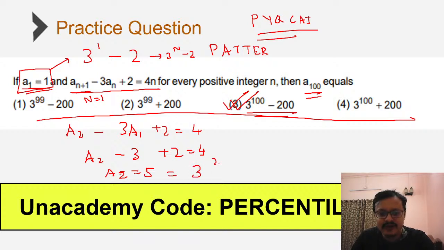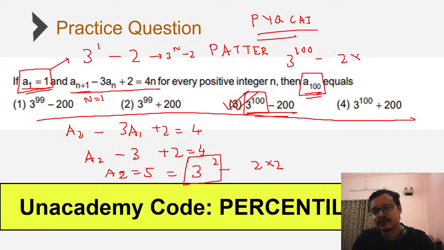I can write 5 as 3 square minus 2 into 2, which is again of the form 3 to the power n minus something. So similarly, you can get the value of A100 will be 3 to the power 100 minus 2 into 100. So again, it's simply an observation of patterns that will give you the answer. So just observe the pattern and the answer will come easy.